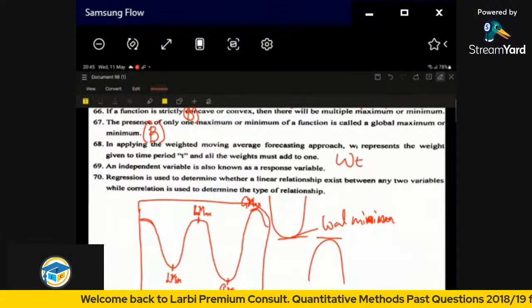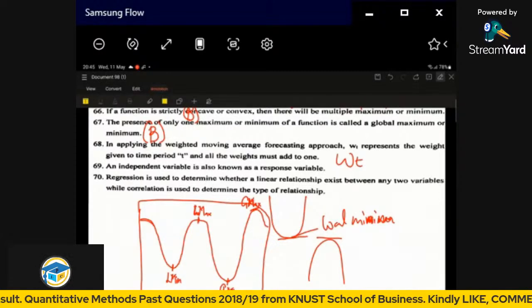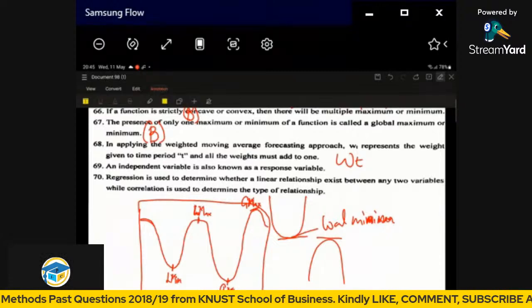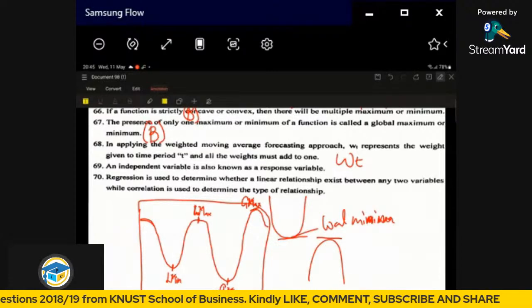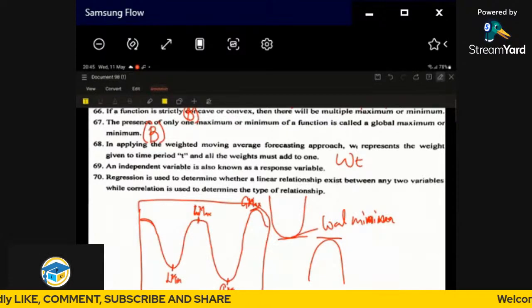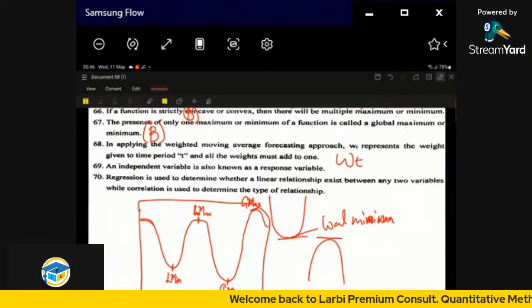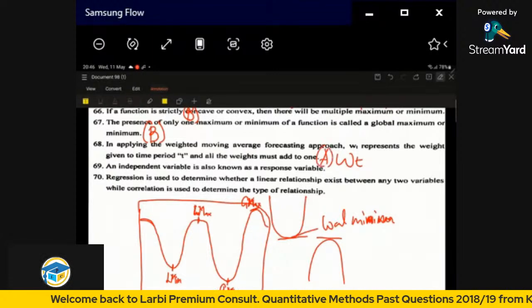All the weights that you apply on the previous data to forecast for the future should add up to one. If your weights are above one, then you are not using a weighted moving average. We are using a different method that we ourselves don't know. So the weights must always add up to one. So here is true. You shared your A and told us that this is a true statement.